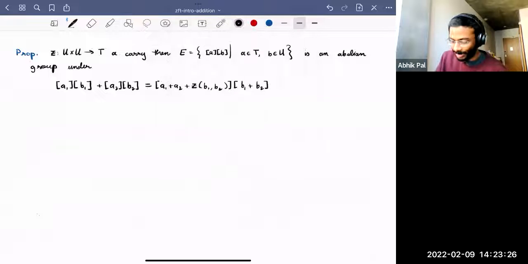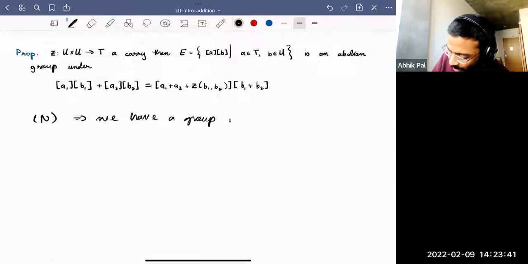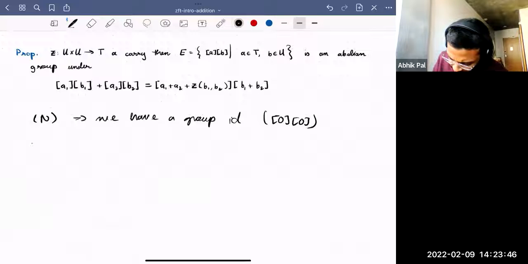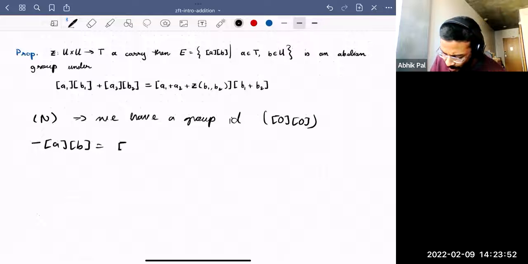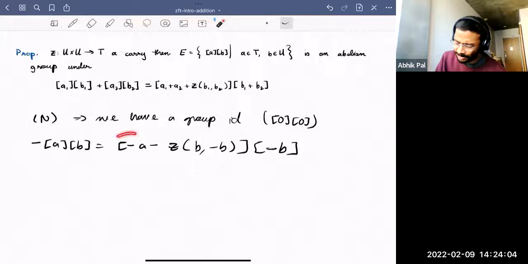And the proof is very straightforward, because the normalization condition tells us that identities exist, that we have a group identity, and this would be the element 0, 0. The inverse of an element I can explicitly write down in terms of the carry operation that I have and in terms of inverses inside my groups Z and T. So this is B comma minus B, and here I have minus B. And you can see that if you add this to A, B, you in fact get the identity back.